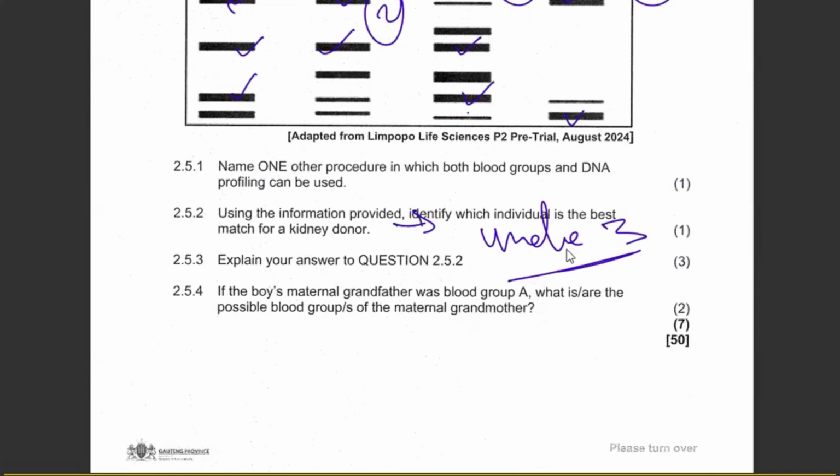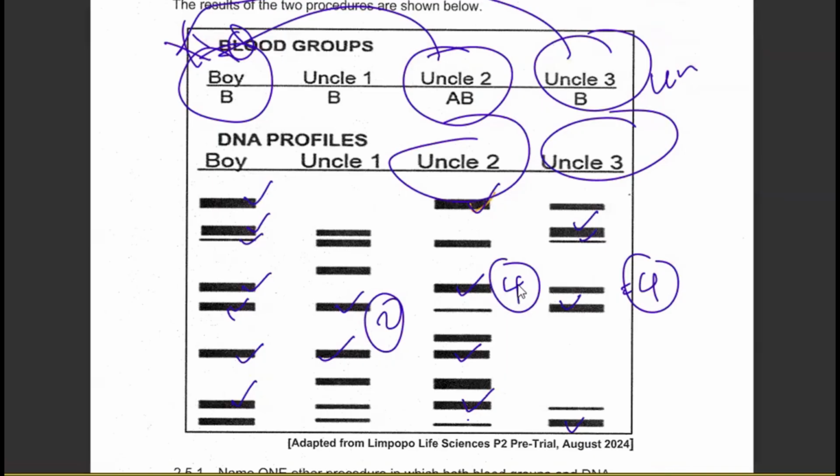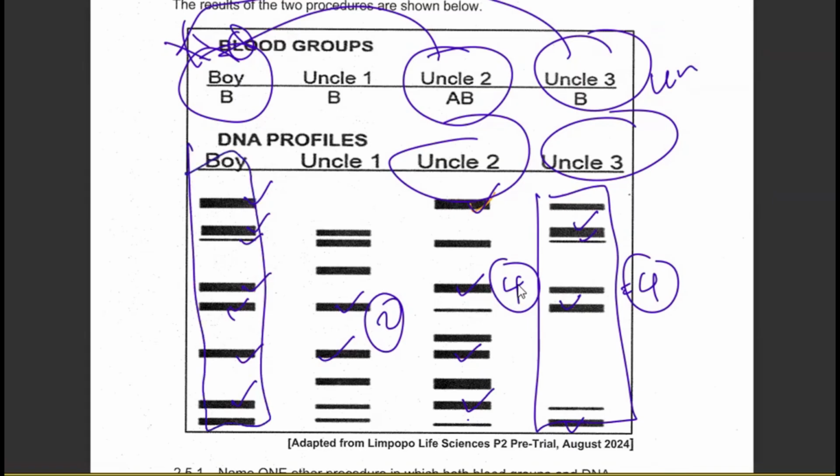Give a reason for your answer. The DNA, because the DNA profile or bands of individual 3 match that of the boy's DNA profile, while uncle 2 only has 2.